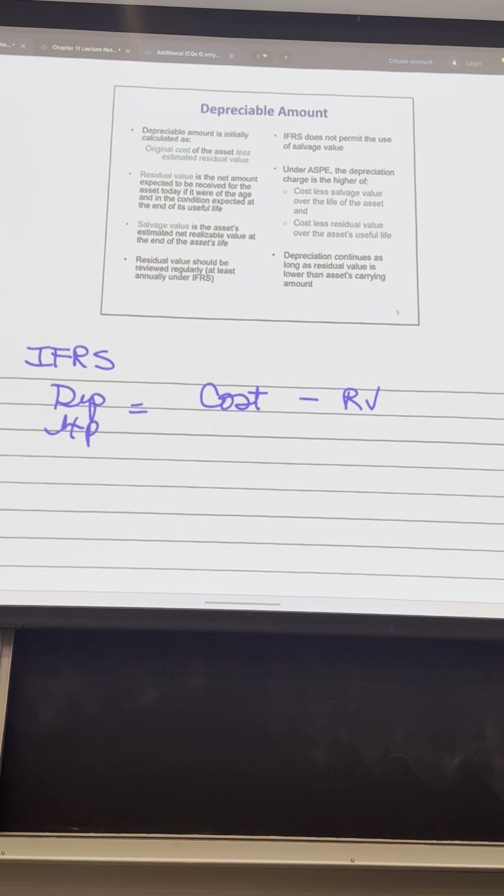Useful life is not the same as asset life. Useful life is how long the company intends to use the equipment before it sunsets it or sells it as used equipment.